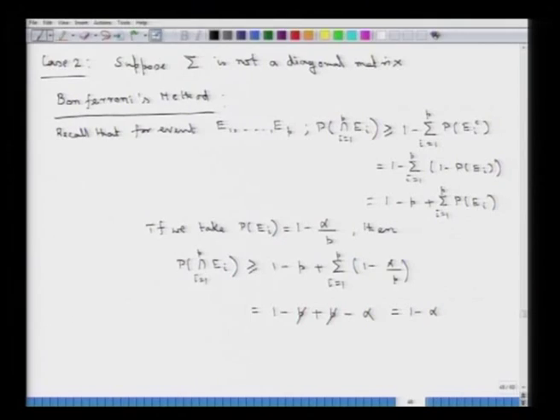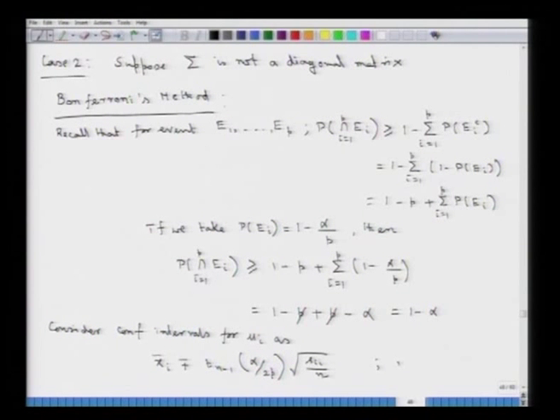Now, if we take that particular clue, consider confidence intervals for each of these mu i's as x i bar minus plus t n minus 1 alpha by 2p, multiplied by s i by n, for i equal to 1 up to p.